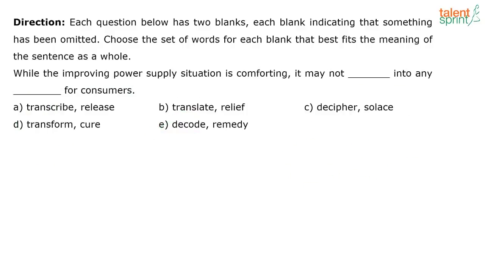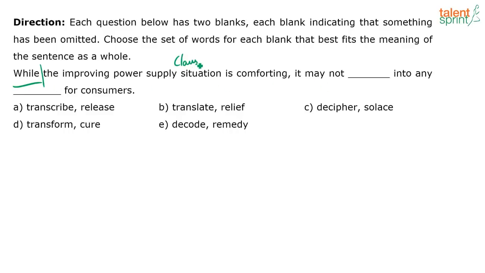While the improving power supply situation is comforting, it may not dash into any dash for consumers. Obviously, there is an antonym hint word, while. Remember, when there is while, there are always 2 distinct clauses. The improving power supply situation is comforting.